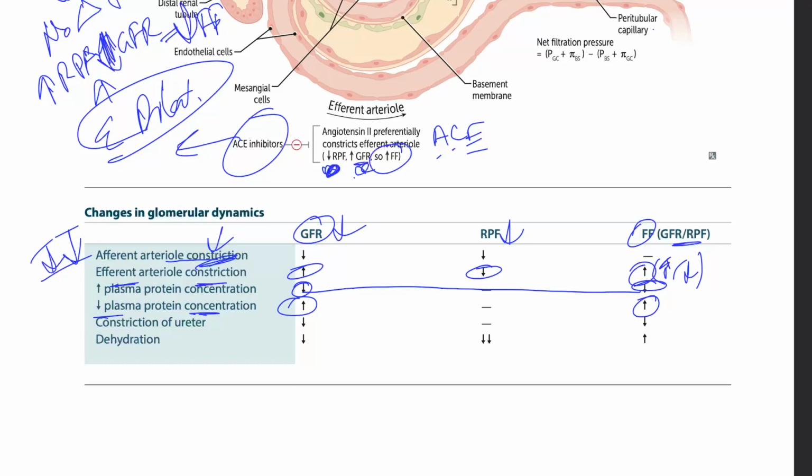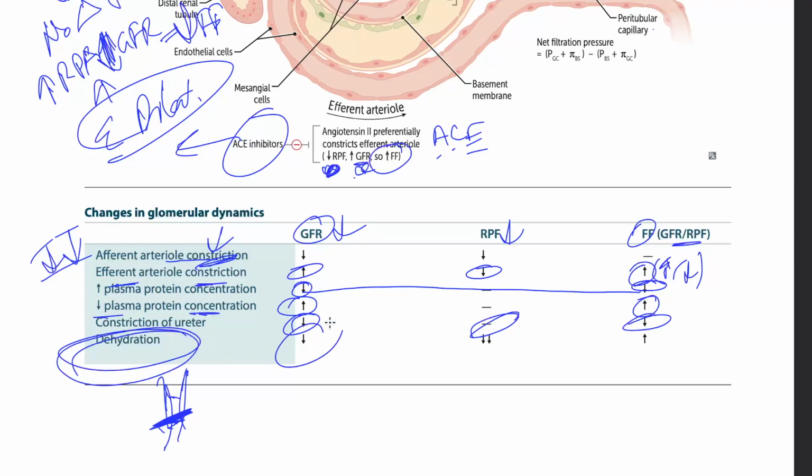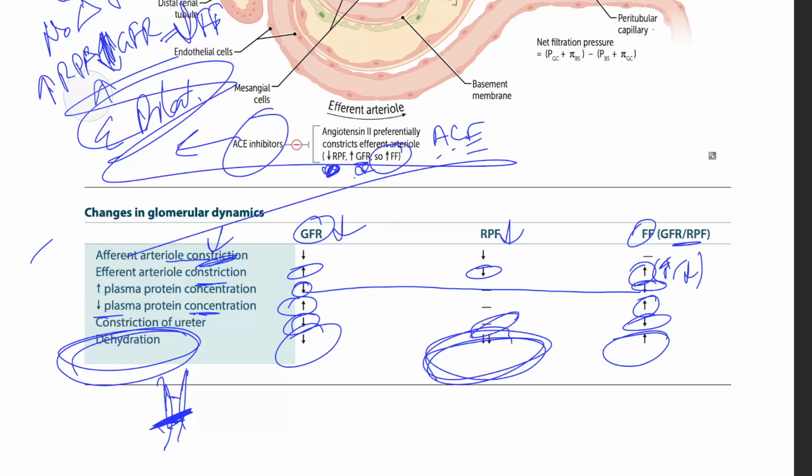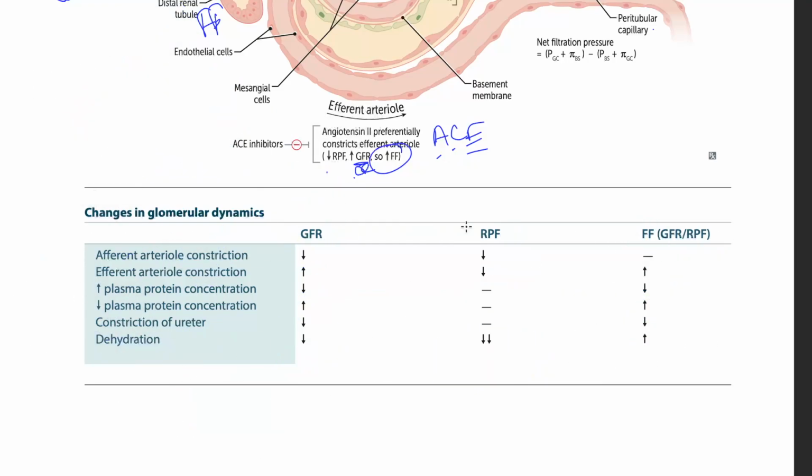Constriction of the ureter causes a decrease in GFR, no change in renal plasma flow, leading to an overall decrease in filtration fraction. Dehydration, very important: it's going to decrease the renal plasma flow by a lot, but increase the filtration fraction. Okay, that's what we have for the filtration.